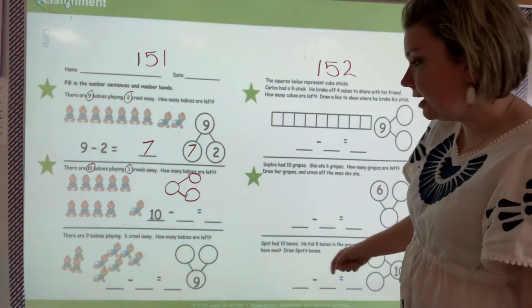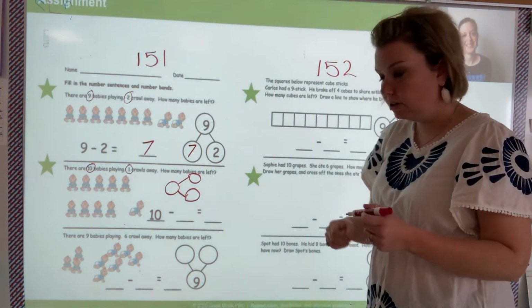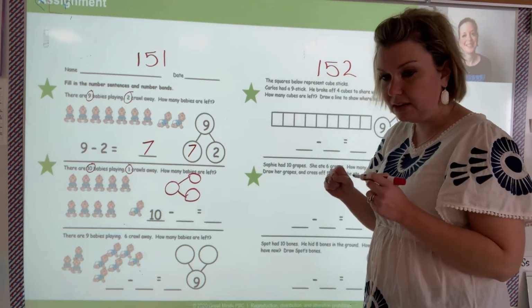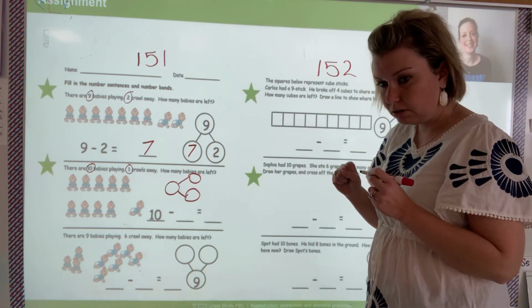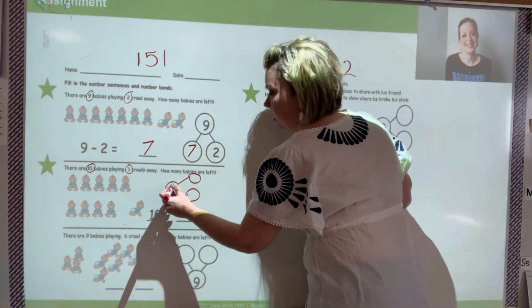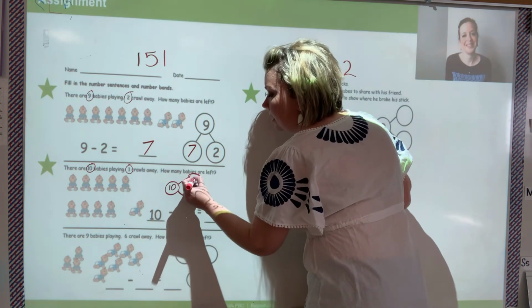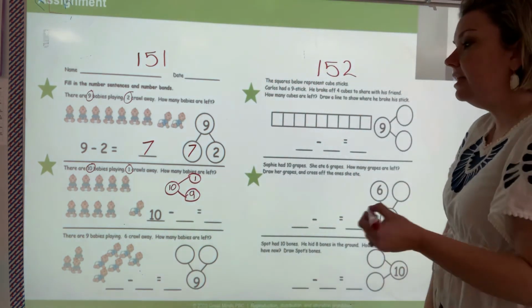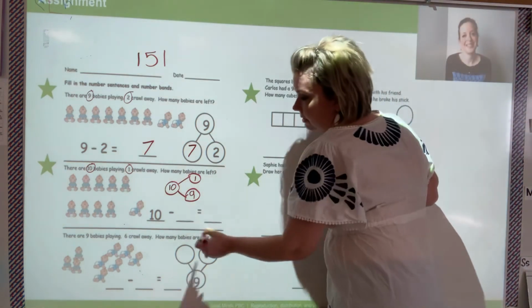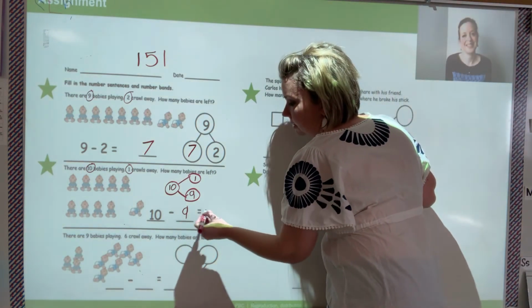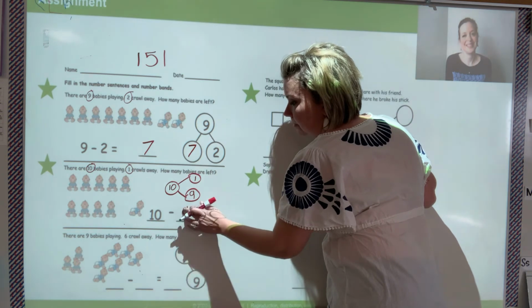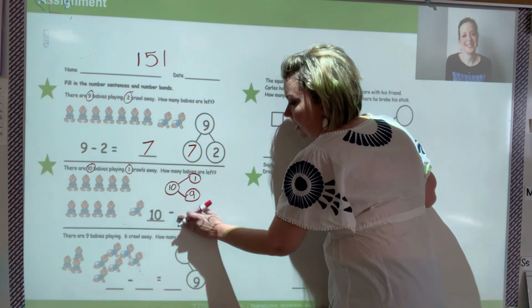Go ahead. Where do I put the 9? 9, 1, and 10. Okay. So the 10 goes in the whole, and the 2 parts are 9 and 1. Awesome. And then I can put my 2 parts in the parts. Oh, wait a minute.